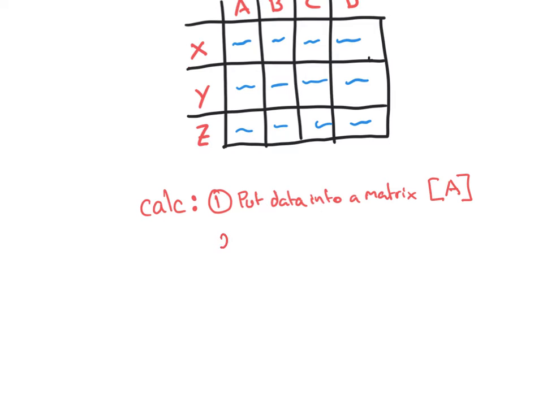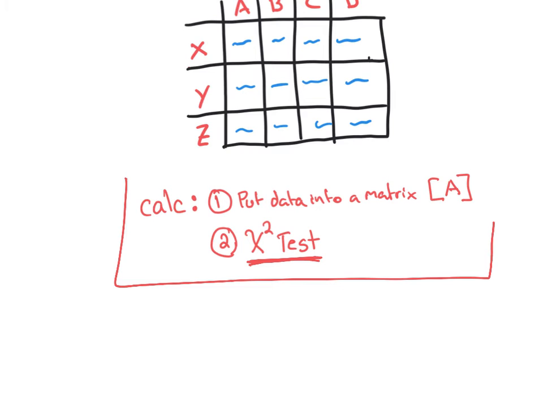So once you've done that, then you're going to go find the chi-squared test function. Make sure the GOF is not a part of that, just chi-squared test function. And you're good. And that's it. That is actually all your calculator needs in order to do the test.